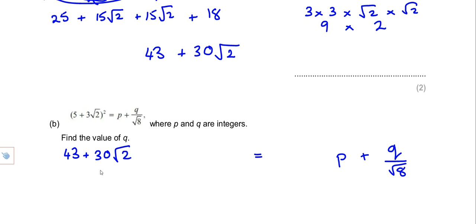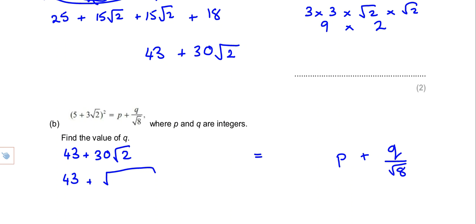Ali? So you have to do a big square root with 30 times 2 in it. Okay, we could try that. So 43 plus root, well, it wouldn't be 30 times 2, it would be 60? Nope. 90?